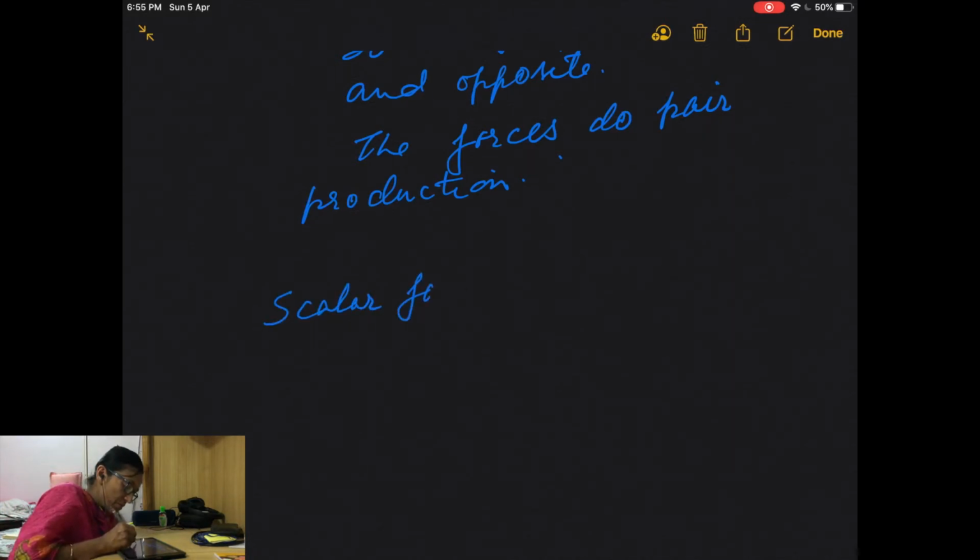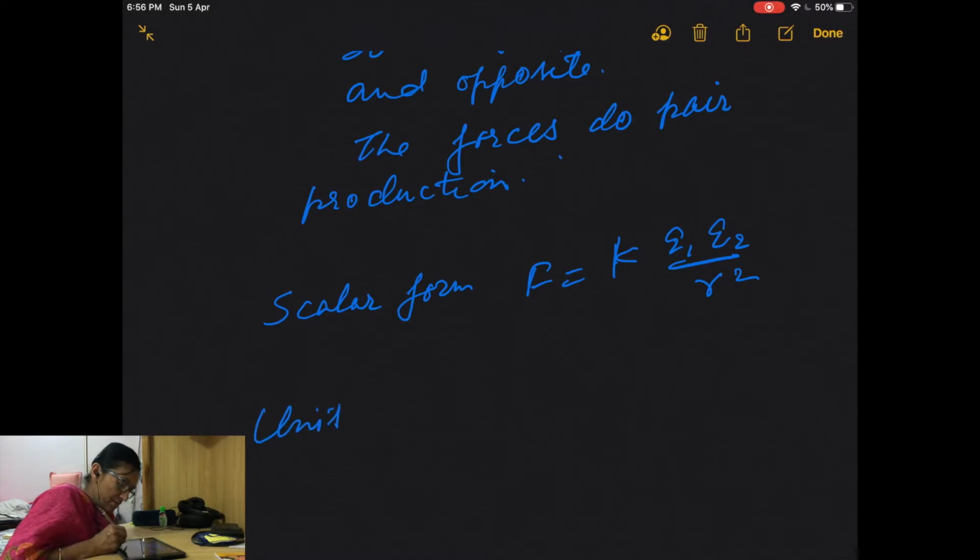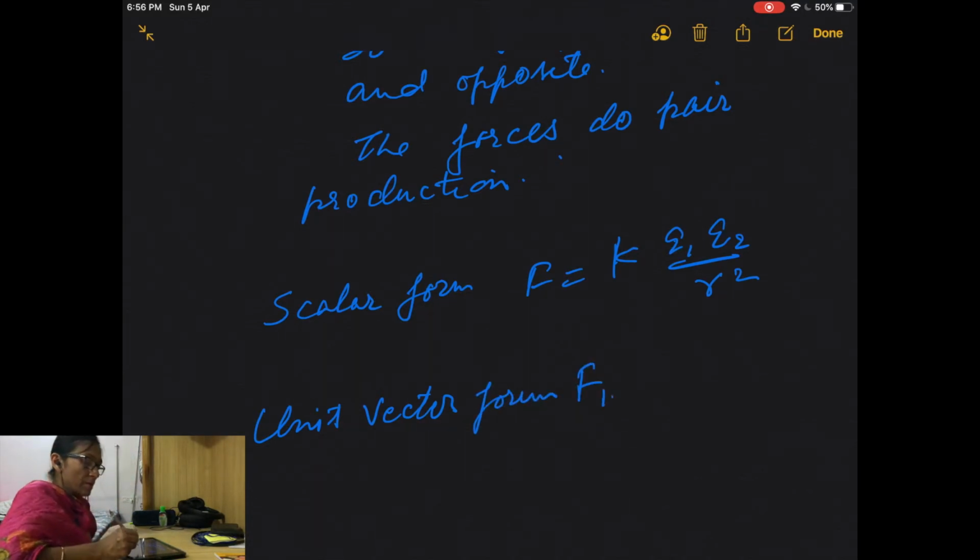Firstly, scalar form. In scalar form, force is equal to K Q1 Q2 divided by R square, and this is the unit vector form. Let me write it.